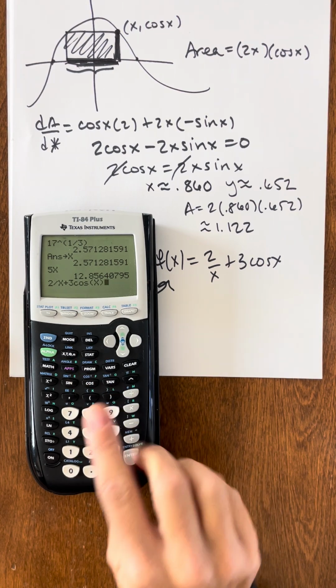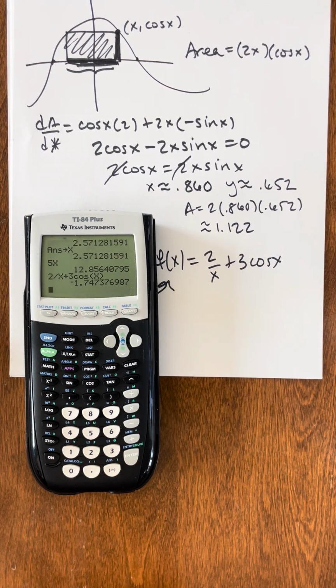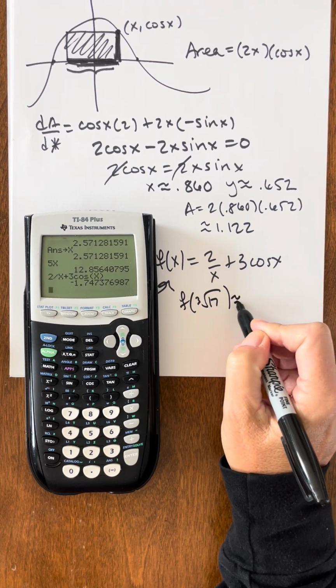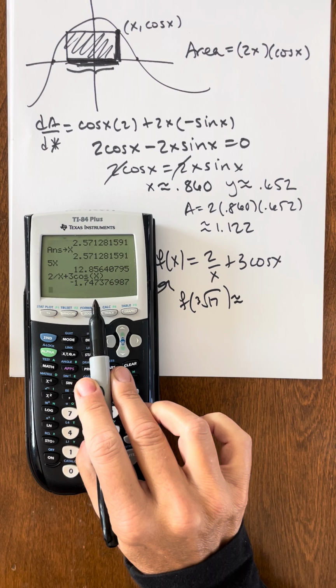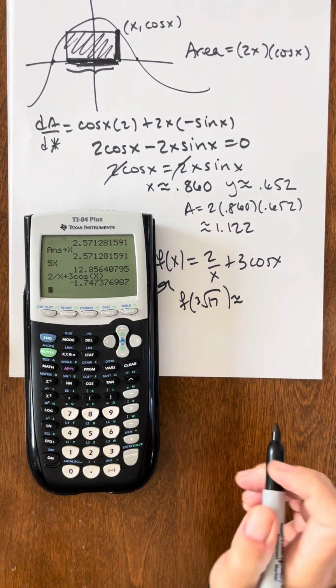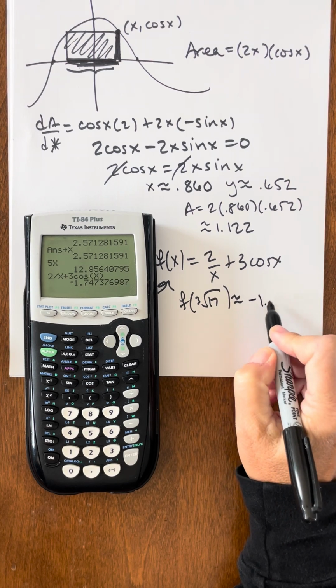It will plug it in without rounding. And then I get that f of the cube root of 17 is about negative 1.747376987. I can round my final answer, but I don't want to round everything in there.